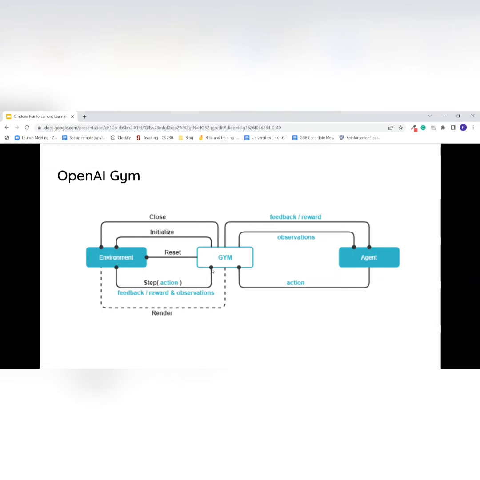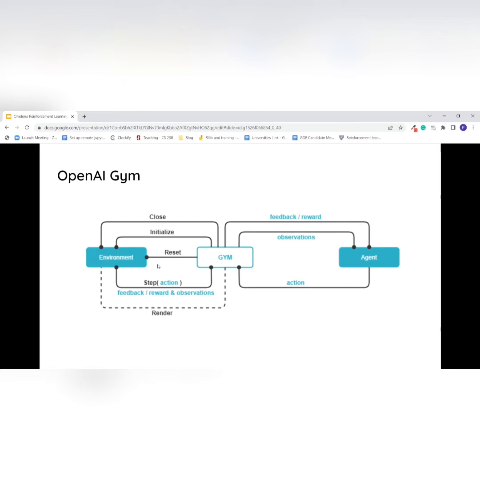These action and observation spaces are also defined in our gym environment. We have also the reset function, which is used at the beginning of the episode. Sorry, the init function is only used once at the very first beginning, and the reset is used at the beginning of each episode.